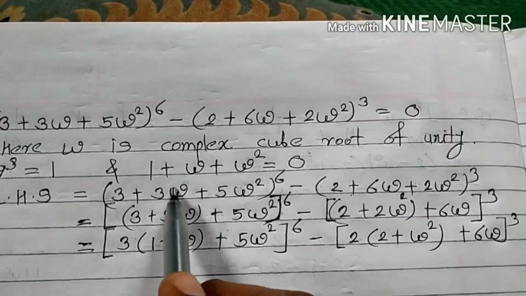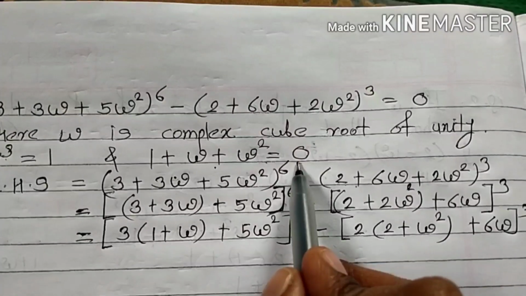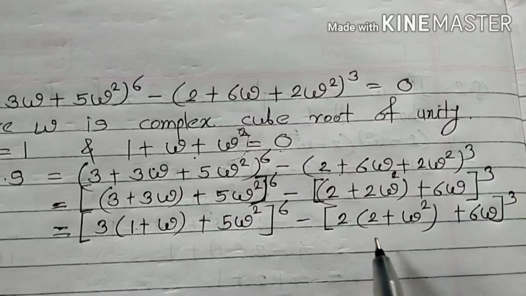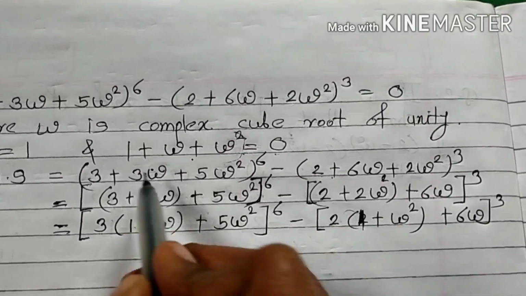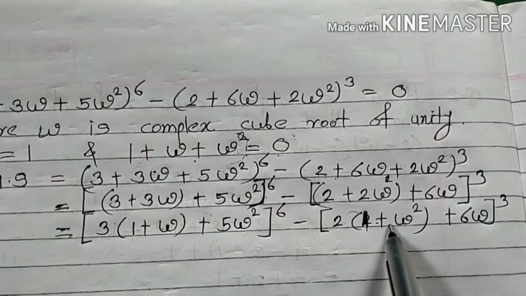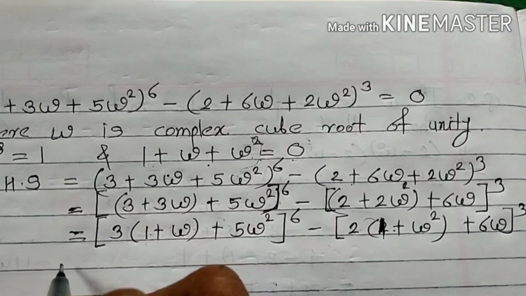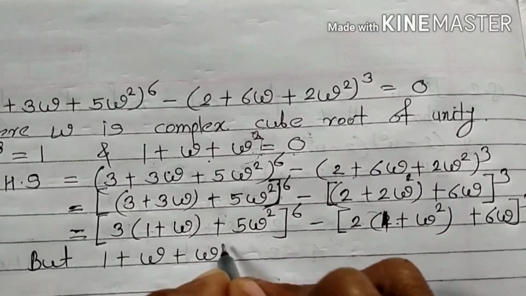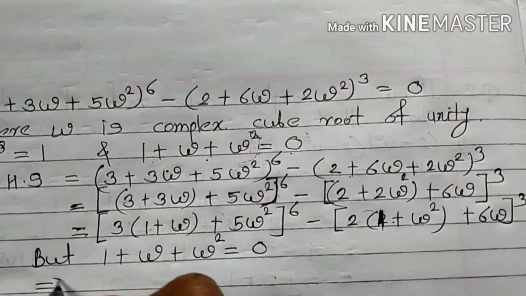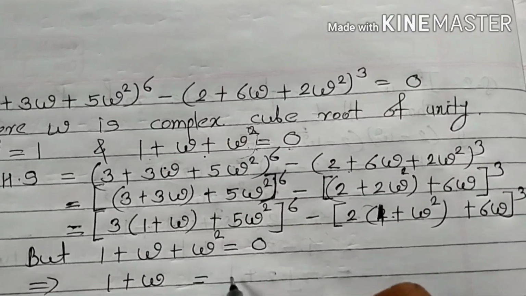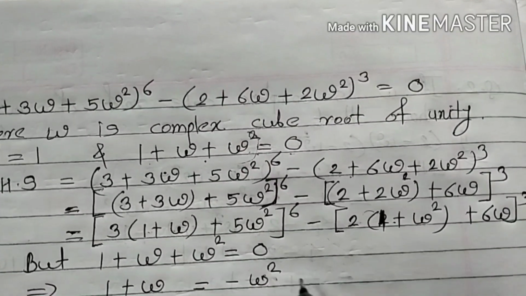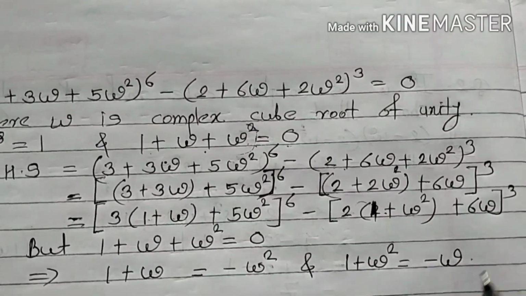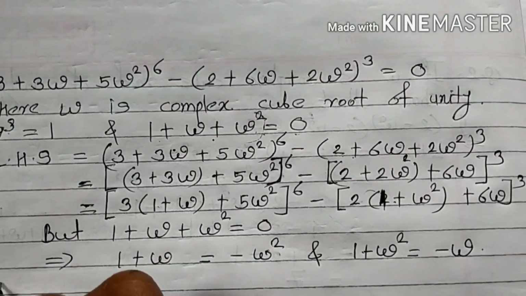Now we know that 1 plus omega plus omega square is equal to 0. This implies that 1 plus omega is equal to minus omega square, and 1 plus omega square is equal to minus omega.